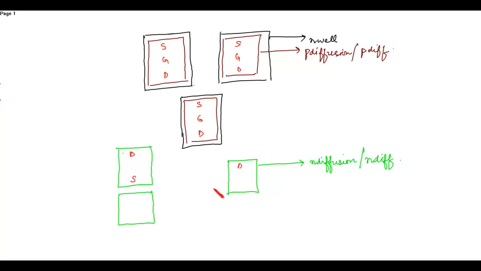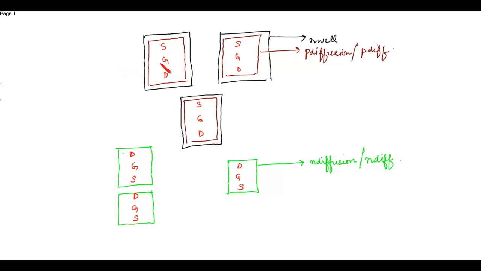Then obviously this will be source, then gate. Why? Because at this drain terminal we will obtain the output. Then here the two sources are grounded, so this will be source, this will be drain, and this will be gate.